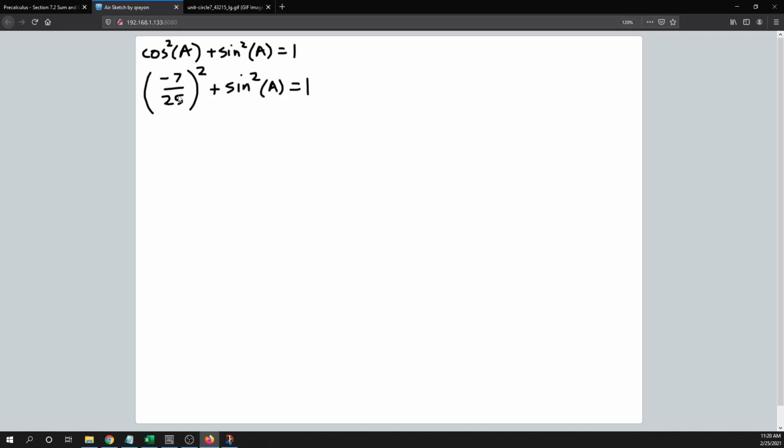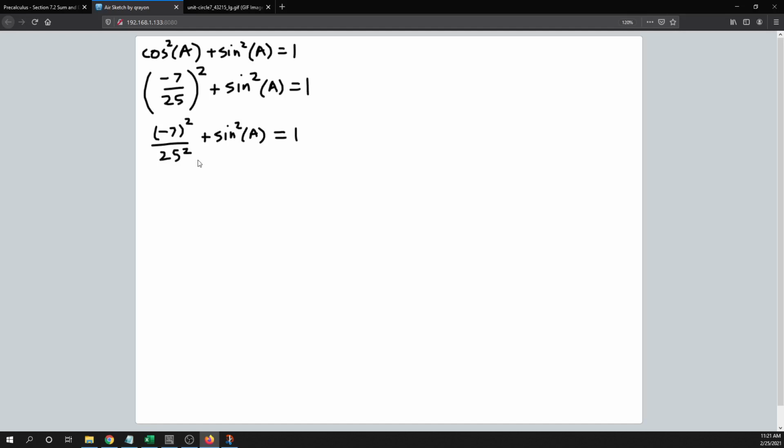So negative 7/25 squared, that would be negative 7 squared over 25 squared, plus sine squared A. Right, when you're squaring a fraction, it means multiply it by itself. So you multiply the tops, so that's negative 7 times negative 7. On the bottom, you get 25 times 25.